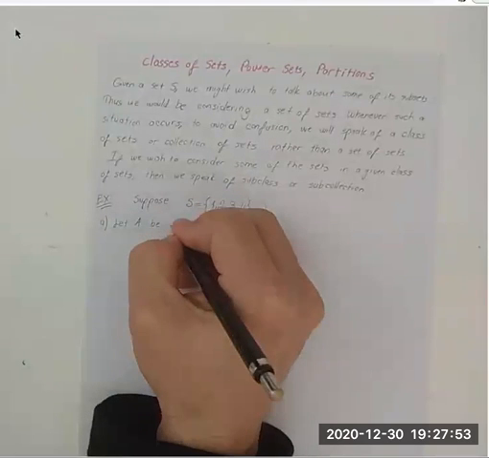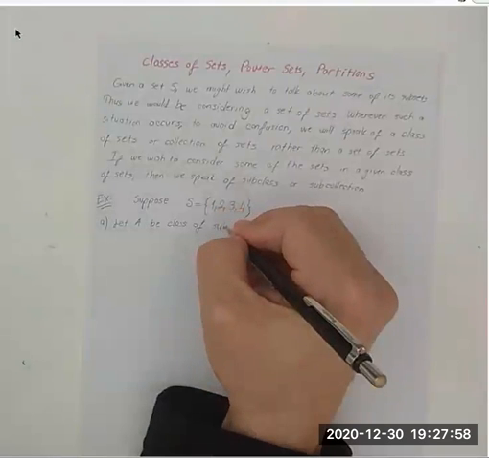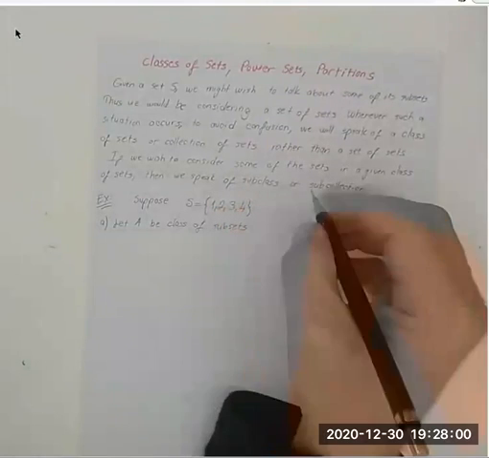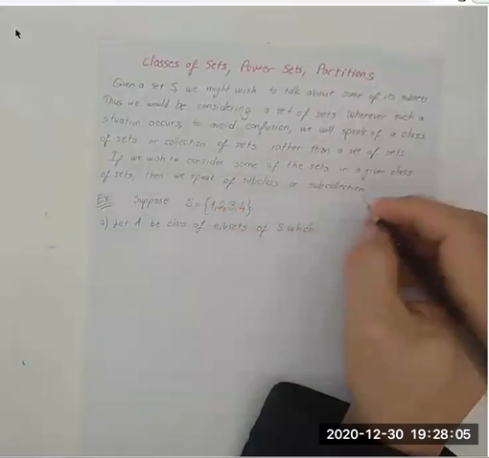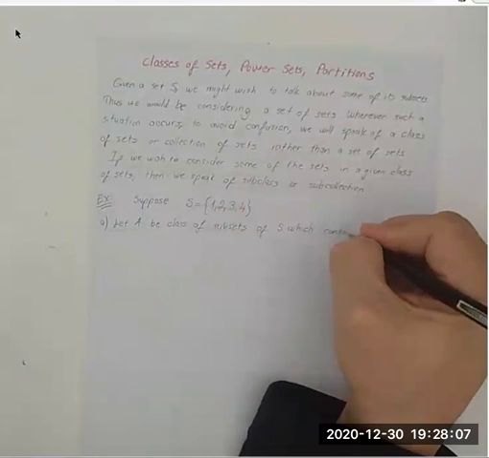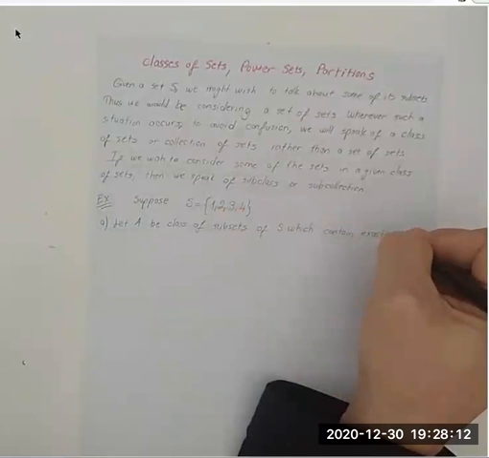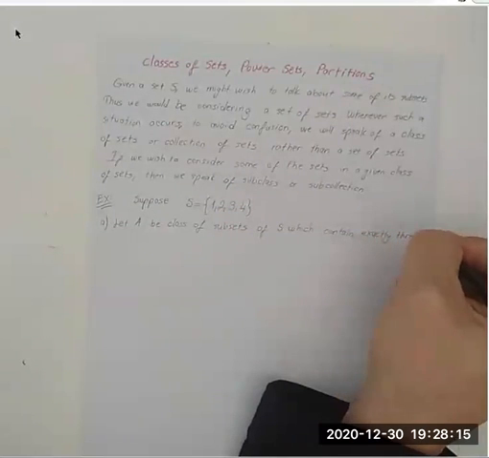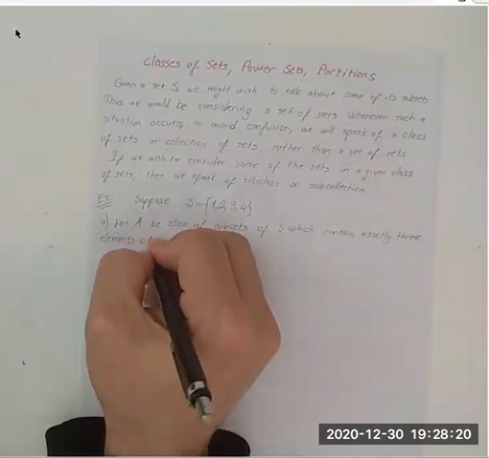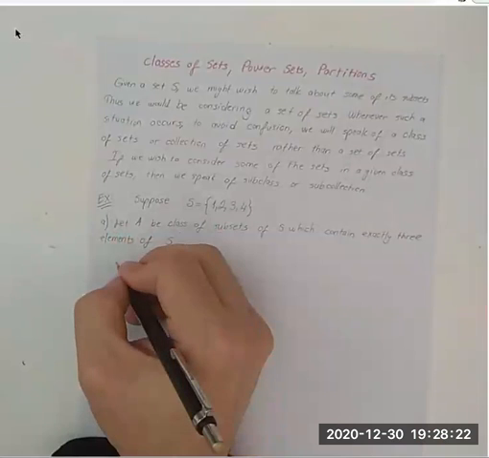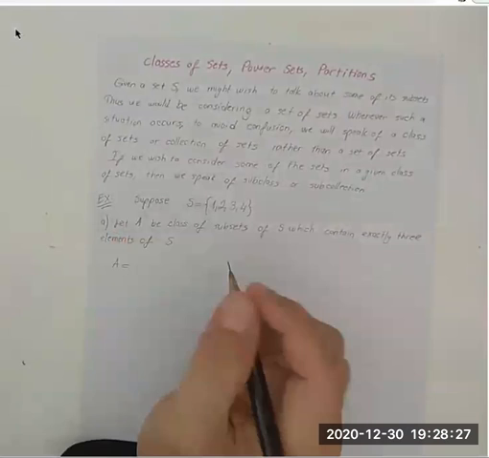So we can write this class A like that. There is {1, 2, 3}, and {1, 2, 4}, and {1, 3, 4}, and {2, 3, 4}.